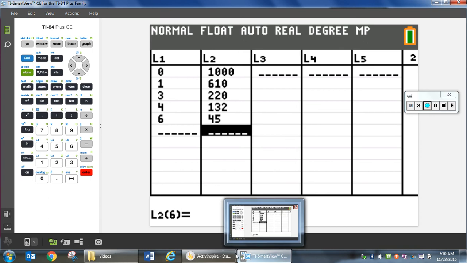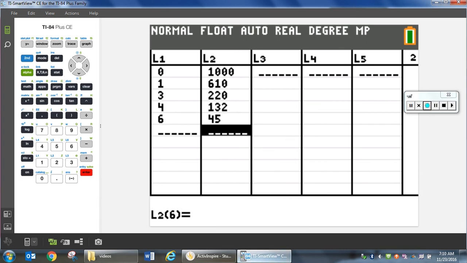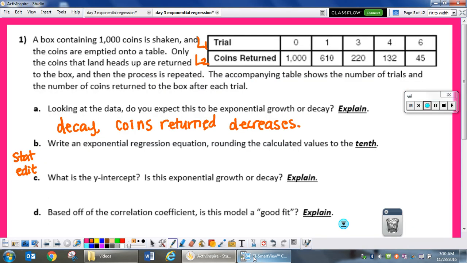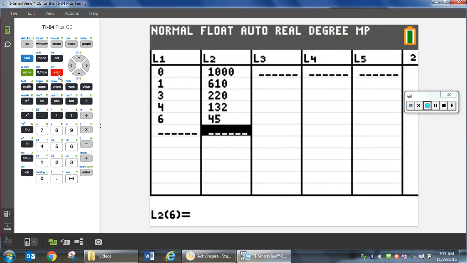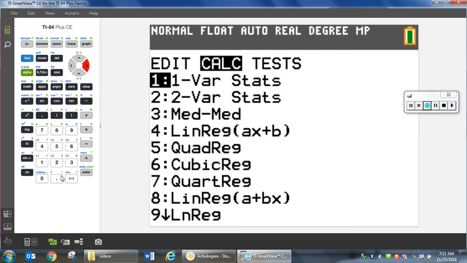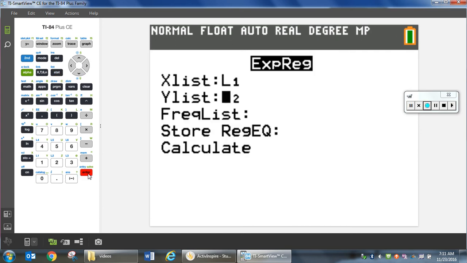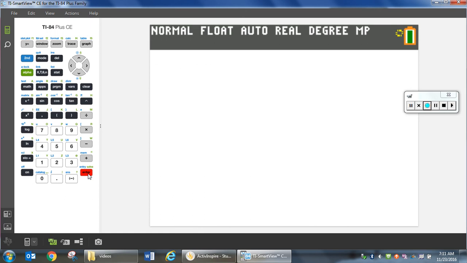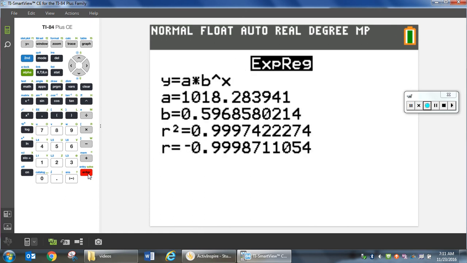Okay. And then we're going to go to, so I'll write this step, that's to get the data, and then you have to hit stat, calc, and it's the 0 button to get the exponential regression. So stat, over to calc, 0, enter through. Okay, and we're going to round everything to the nearest tenth.